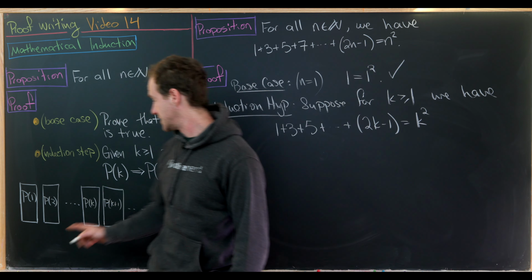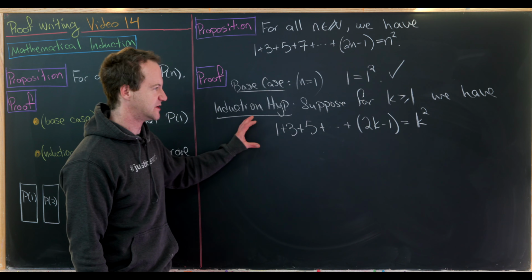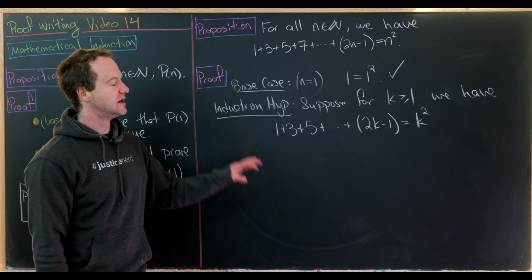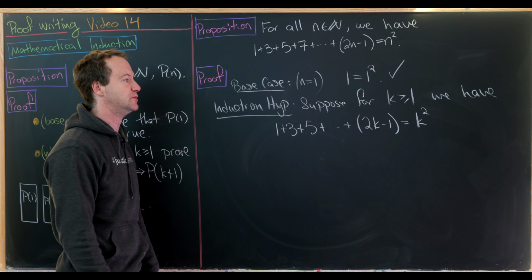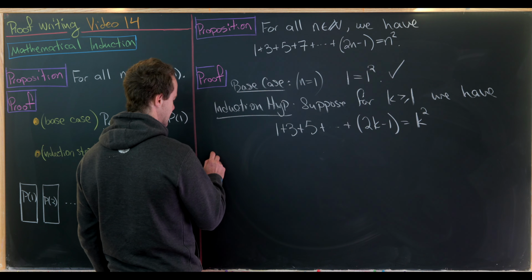So if we're doing our conditional, if P(k) then P(k+1), this is like assuming that P(k) is true. Now we want to show that this leads to P(k+1) being true. Okay, so let's see how we can do that.